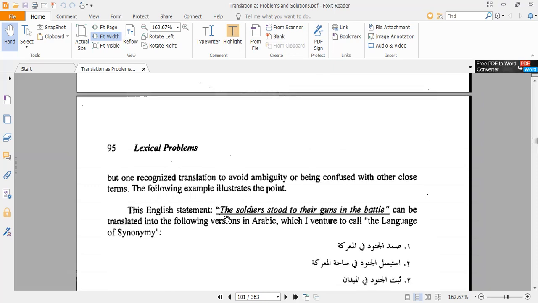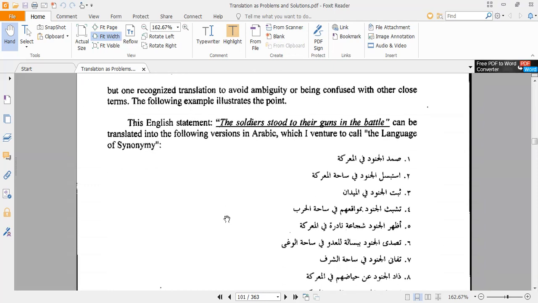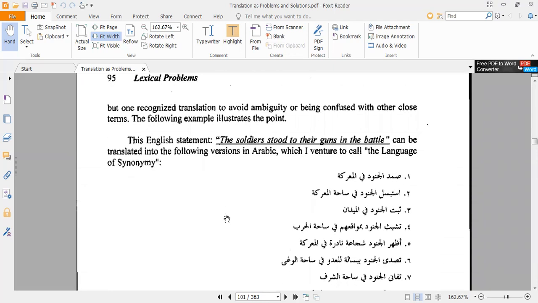The third problem: I have one sentence in English, but its meaning can be rendered in several ways in the Arabic language. For example, "the soldiers stood to their guns in the battle."